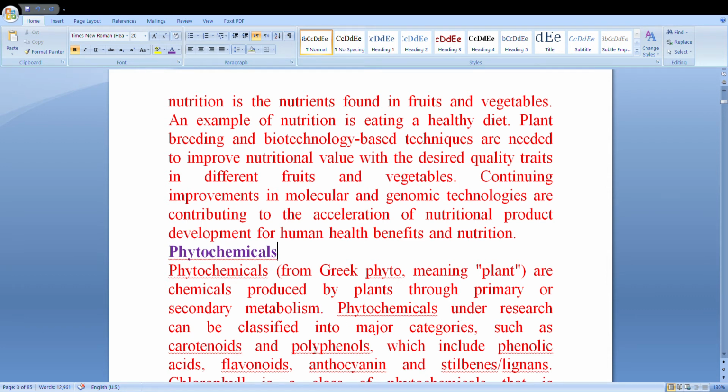Phytochemicals under research can be classified into major categories such as carotenoids and polyphenols, which include phenolic acid, flavonoid, anthocyanin, stilbenes and lignans.